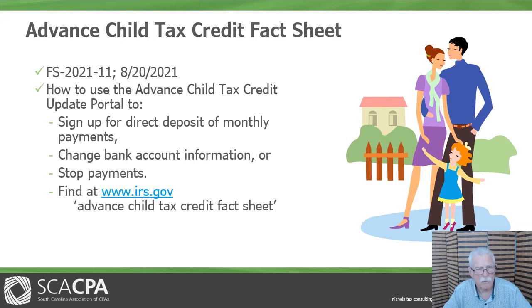That's where you can manipulate the system from your computer to direct the advanced child tax credit to a new bank account, or stop the payment, save it up for later, accelerate, or make sure you get the payments, whatever it takes. And if you're a non-filer, you can go there as well.